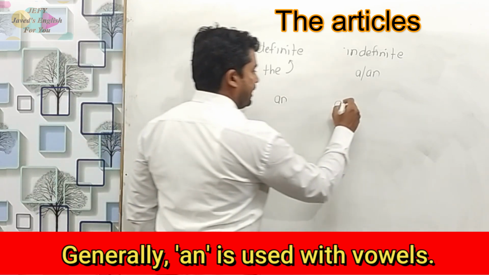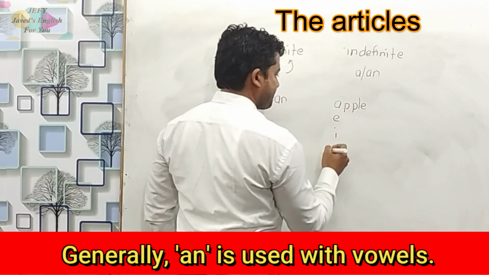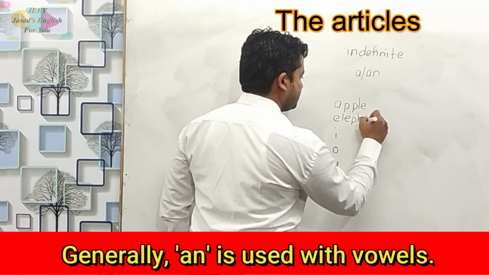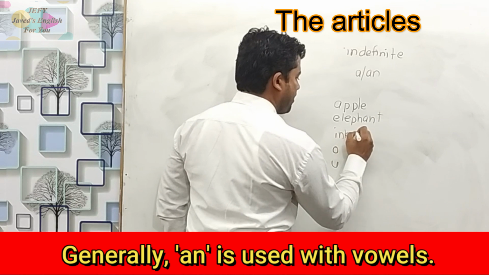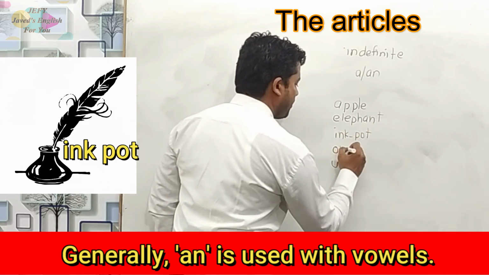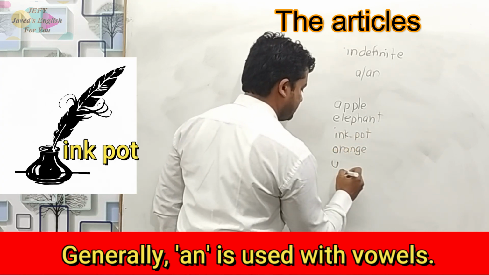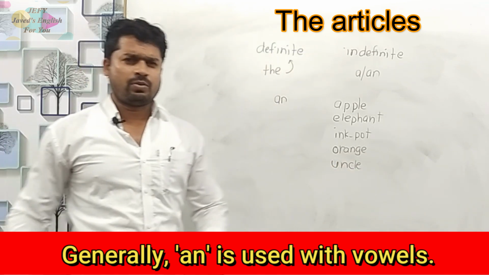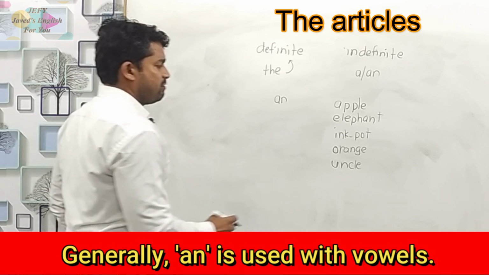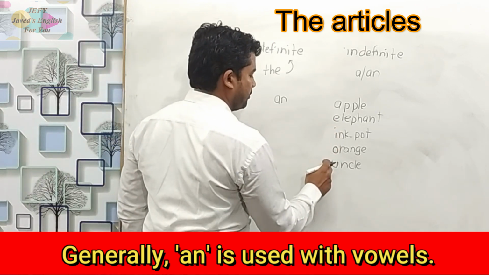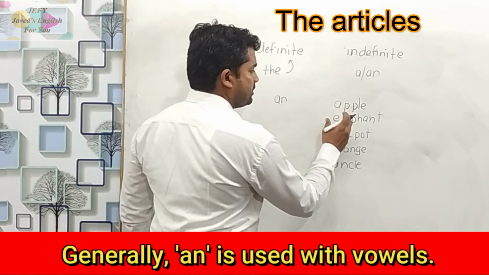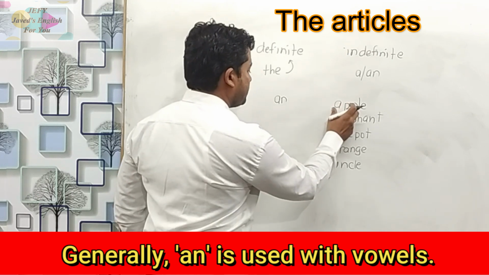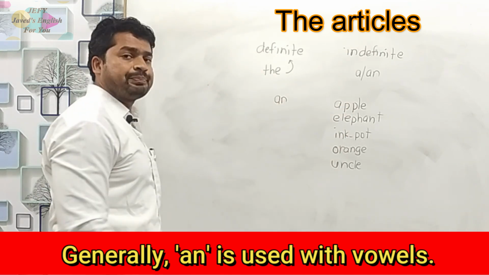For example, an apple, an elephant, an ink pot, an orange, and an uncle, this way. Once again there are 5 vowels, and if a word starts with a vowel, before that word we can put an.